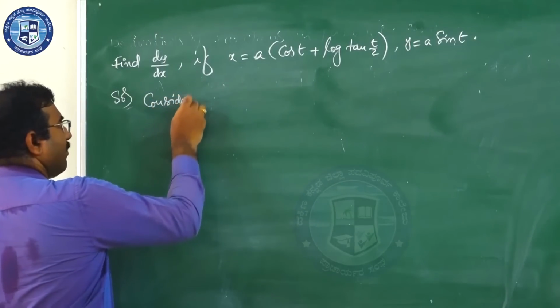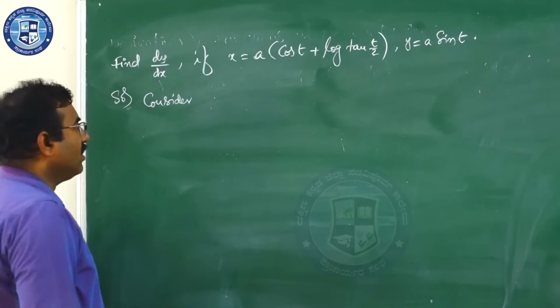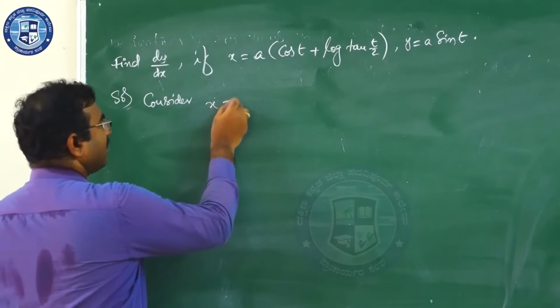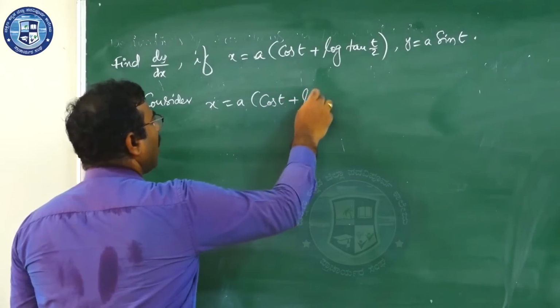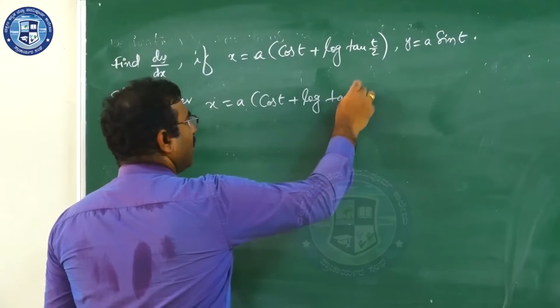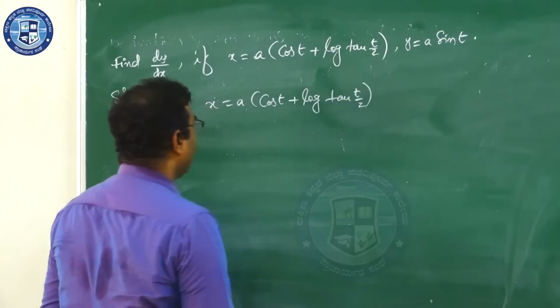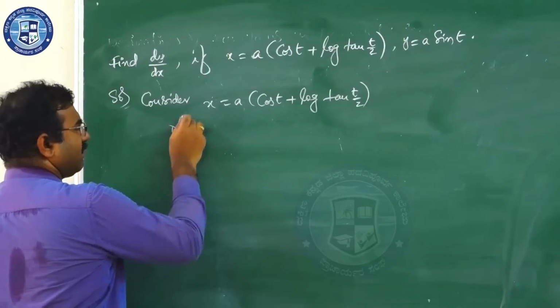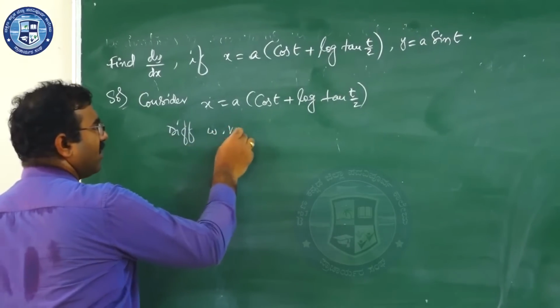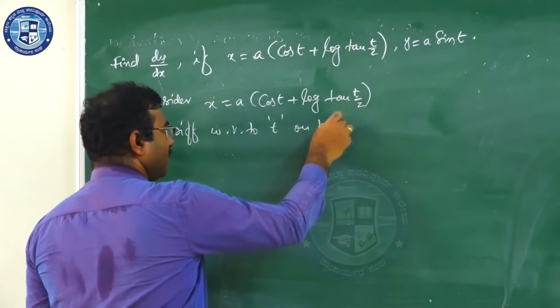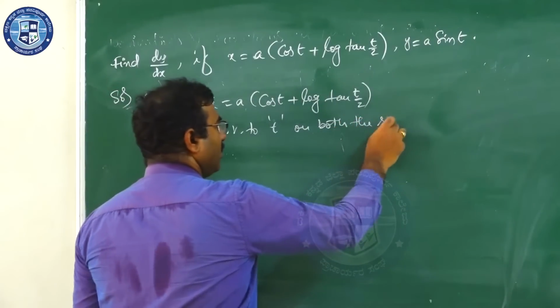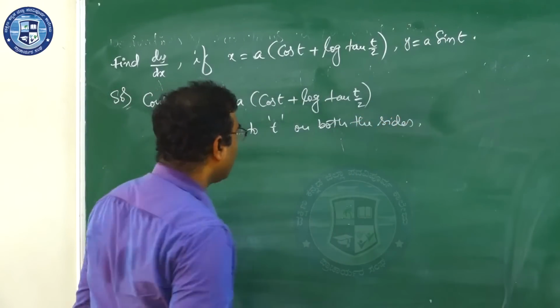It is one of the important questions for the PU board. So, consider x is equal to a into cos t plus log tan t by 2. We differentiate with respect to t on both sides.